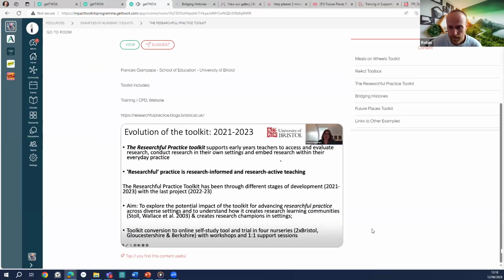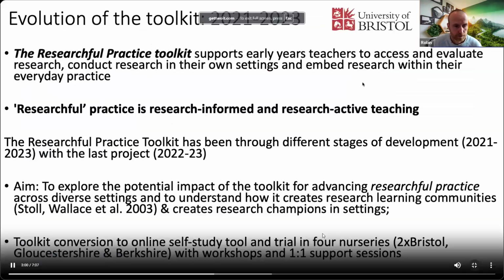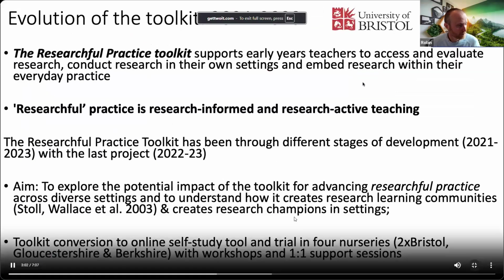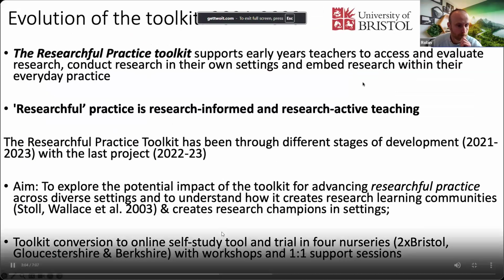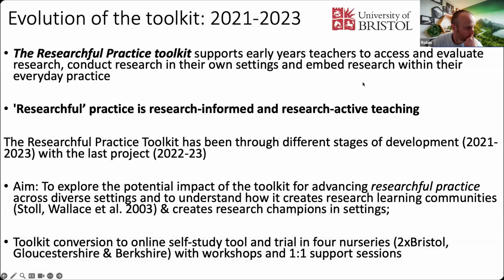We started with C-Corp funding from the SRC IAA award to develop our initial ideas, and we created a set of resources, a package of activities, tools, videos, and a work booklet, and tested it out to understand whether it supported educators' research or practice. This was done during COVID in one setting in Bristol.